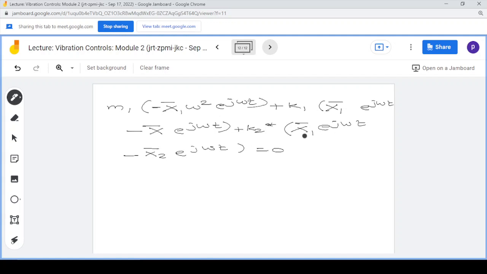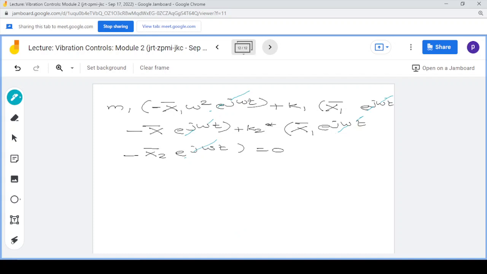Now, if you look closely, each term has the factor e raised to j omega t, which is common to all the terms, so we can cancel it out.